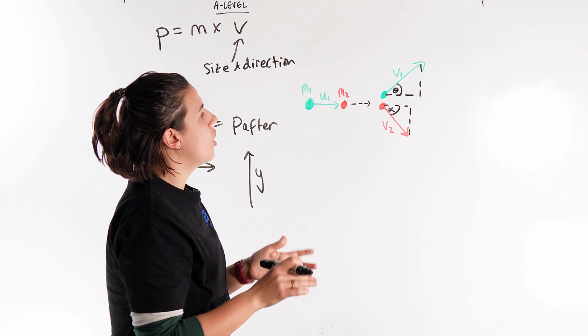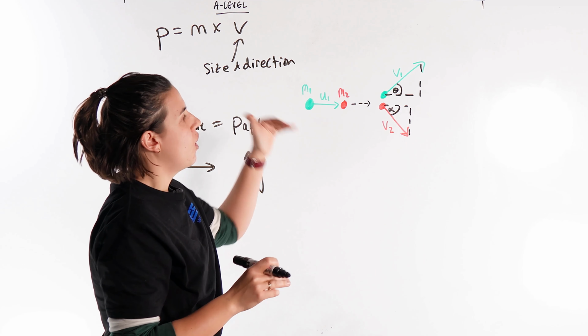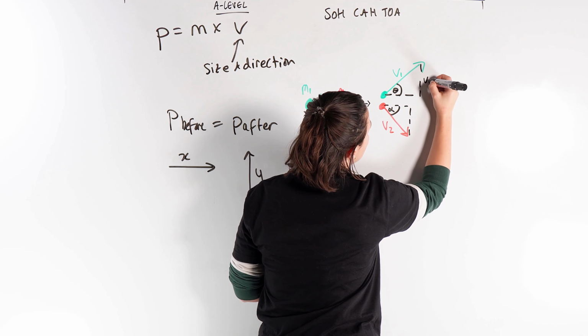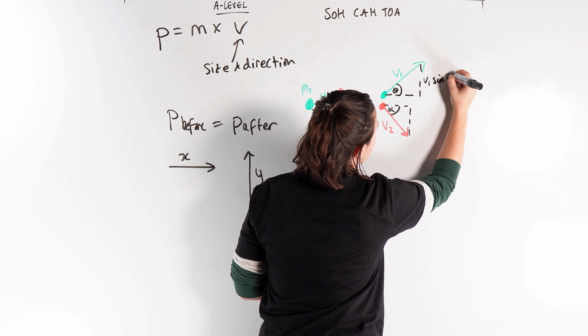Right. So I'm just going to work out the horizontal and the verticals first, because I think that's going to help me. So I'm going to write SOHCAHTOA at the top so that I know what I'm doing. Now, I'm going to start with this side first, so it's the opposite. So I'm going to use sine. So this side here would be V1 sine theta.